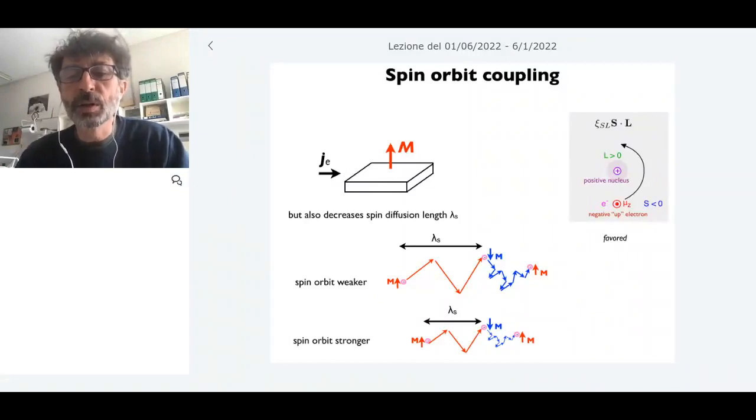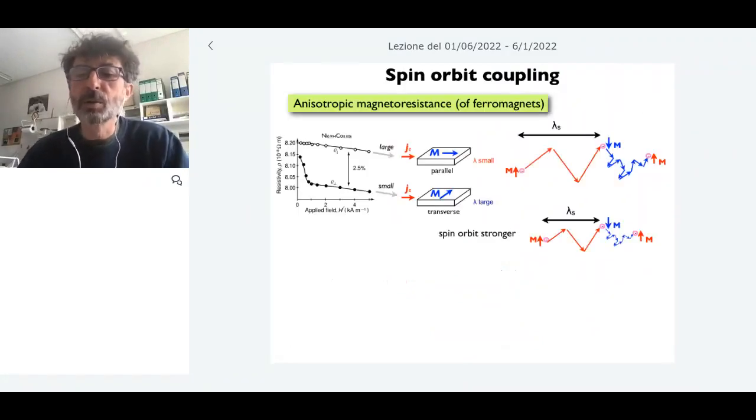So we do not expect all effects, as previously said, but we do expect that the electron spin may change more easily. And this is something that may occur. And this may help us to understand why we have anisotropic magnetoresistance.